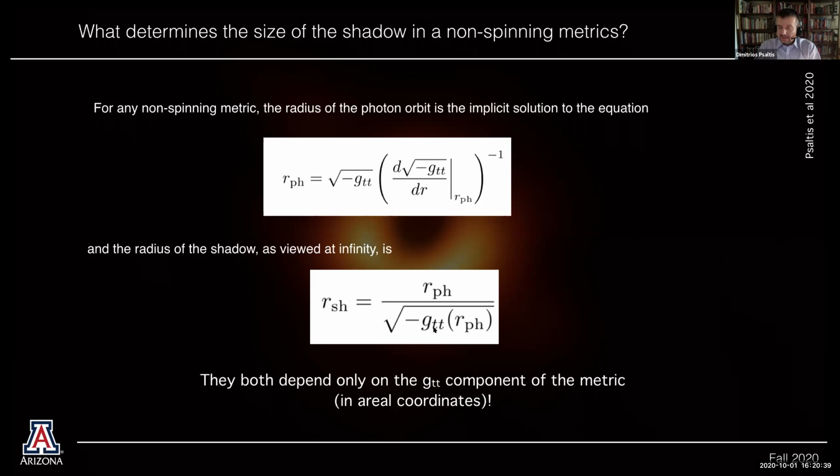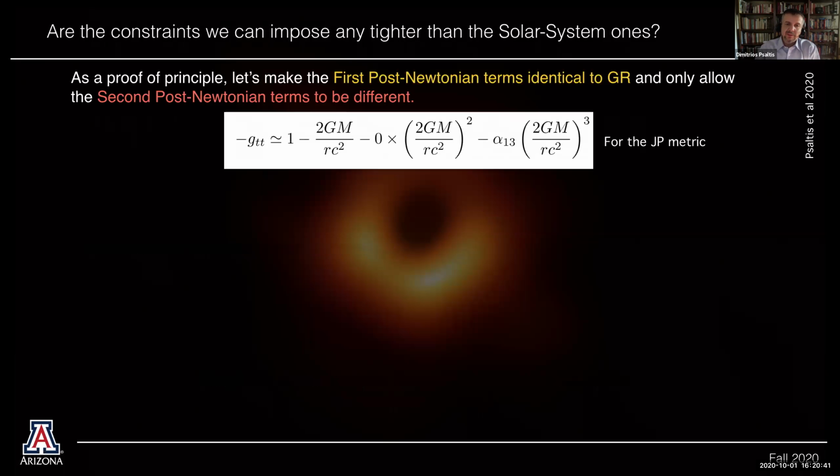But having had this intuition, what we ended up doing is we said, okay, now we're going to go one step further. Just as a proof of principle, not because we believe that this is a real situation, but just as a proof of principle.